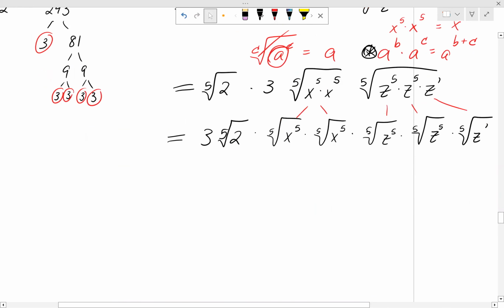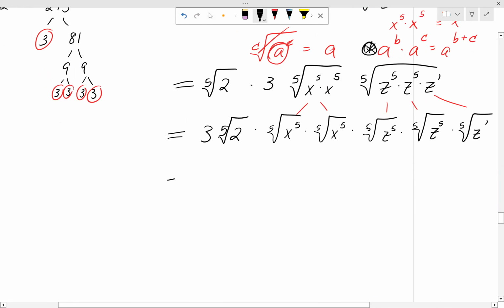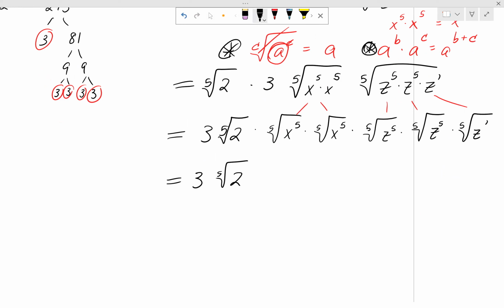So I get 3 times the fifth root of 2. Then I can use the property where the fifth root and the fifth power cancel each other out, so I'm left with times x times x times z times z.